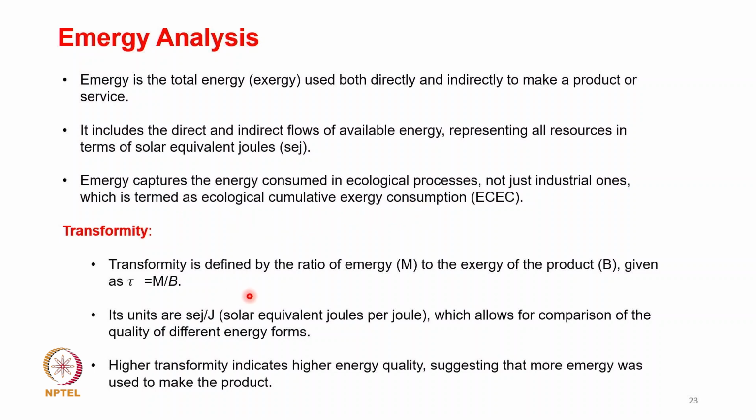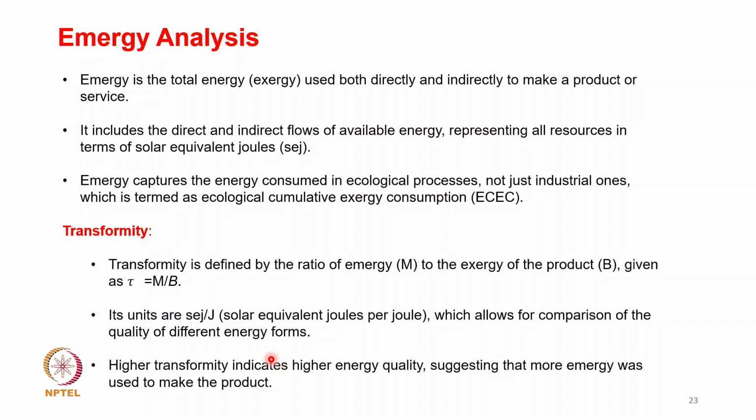You also need to know what transformity is. Transformity is defined as the ratio of emergy to the exergy, given as tau. This is like an indirect measure with which you can also include the effect of indirect components present in the service.